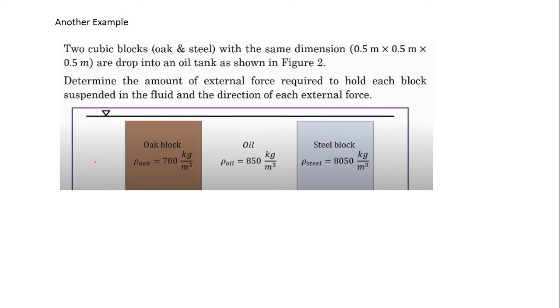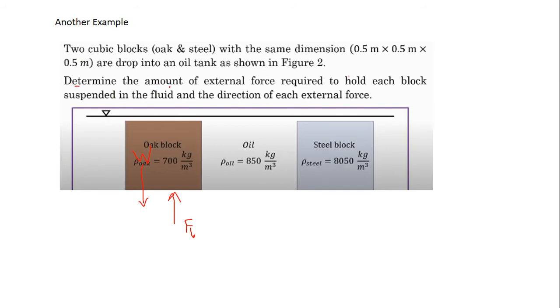Now can you draw an FBD for this block, for this oak? What is the FBD? W is downward. Correct. Next, B is upward, the buoyant force. What else?